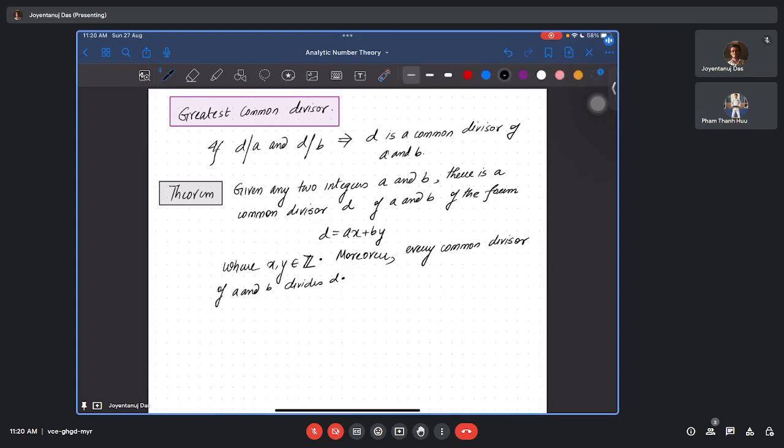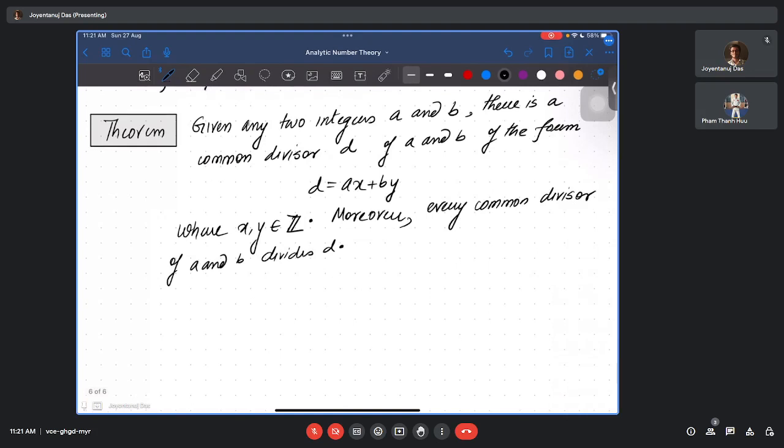Okay, if you want an example, let me think of an example. One minute. Let us check whether this works. Suppose I take a as 192 and b as 78.